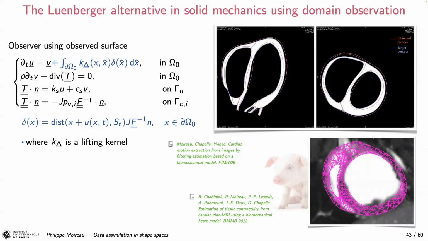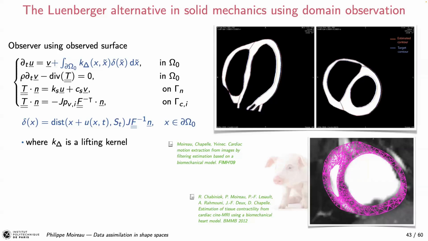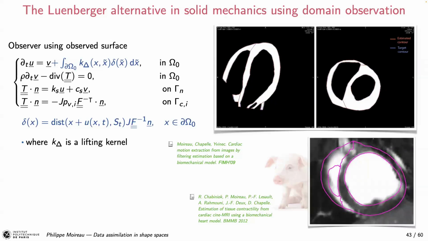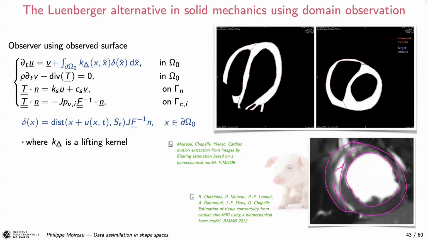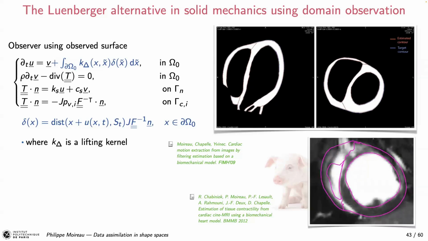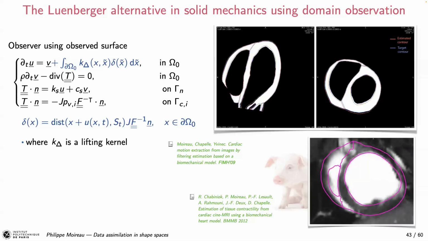Okay, so you start in orange on the wrong position and you converge to the good solution. And typically with real data on a pig heart, at the end you get something which is a model. So here you have the full model that is running, but actually in adequation with the data that we have.